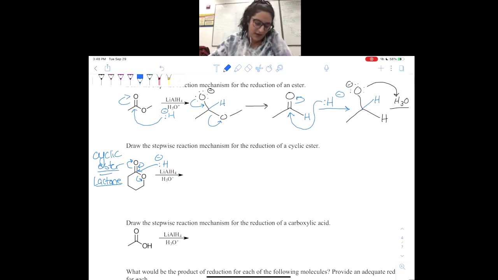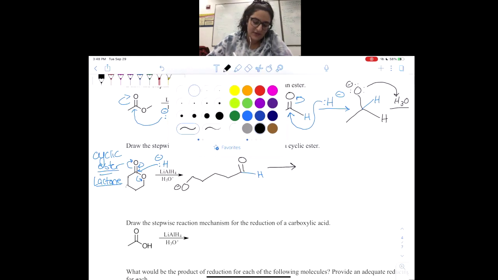So we could all in one step draw out the linear product, which has 1, 2, 3, 4, 5 carbons, and we had added a hydrogen, and we know that at the end of the chain we have an O- from the oxygen in the lactone that we broke open. And from this point we know that we have to protonate here, and also we have to reduce the aldehyde once more. So let's do those both at once.